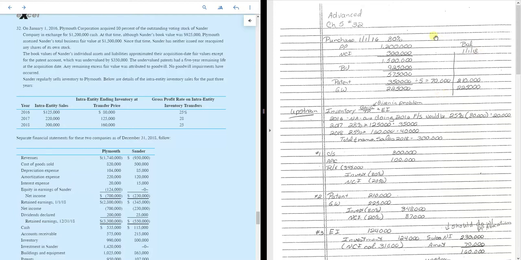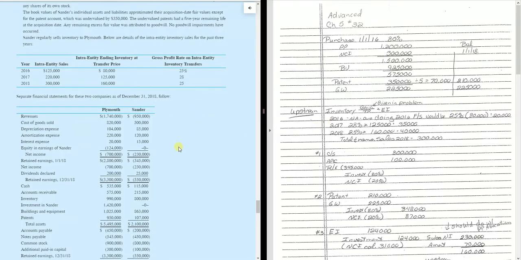So I have 2016, 2017. My amortization is 70,000 a year. So 350,000 minus 70,000 times 2 gives us 210,000 left. So 350 minus 140,000 is 210. Goodwill is not amortized, so I still have 225,000 in it.